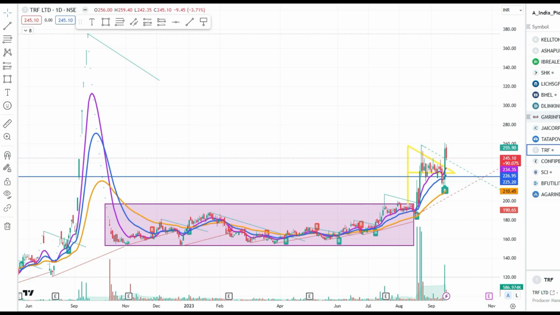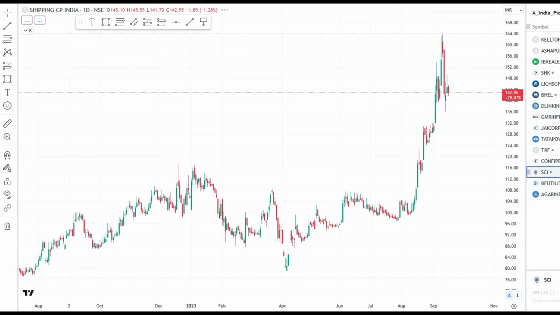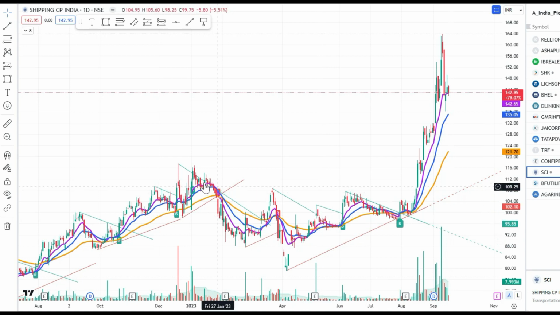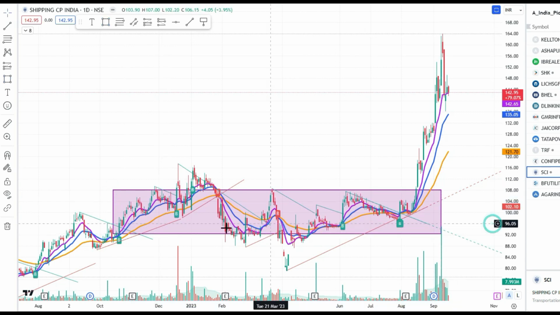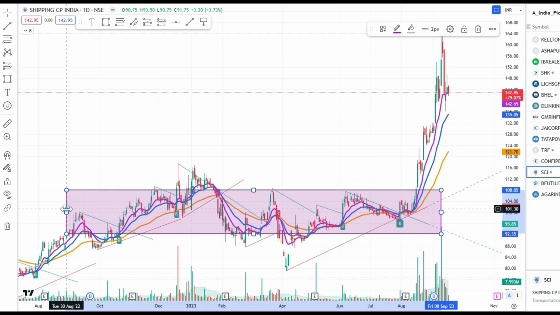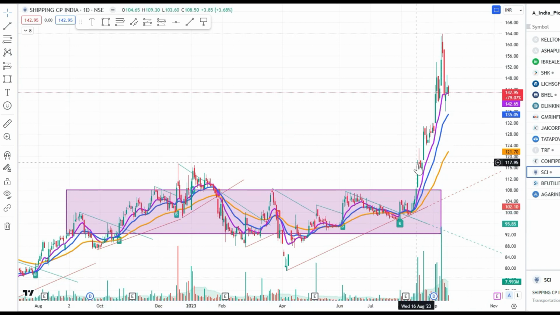We want to have more trades in a short period of time, and that's what we look for in swing trading. And for many months, Shipping Corporation, almost a year, 10 months, was consolidating in this period, and even right here at this level. Then it broke out.